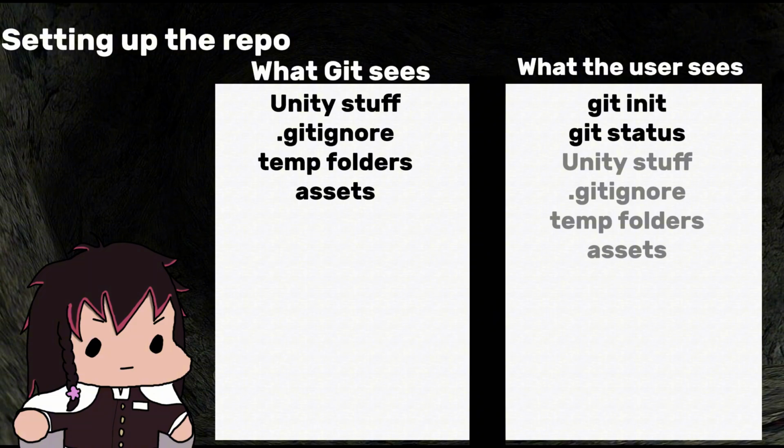So you see everything and you say, okay, everything that Git is seeing is correct. I want all of that. So then you say git add and then a dot. This means that it will add all the information that is inside of this folder. Now Git is like, okay, the user wants all this information, so I'm going to stage it.